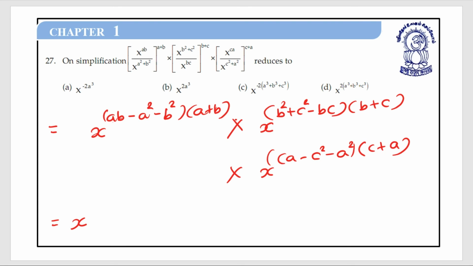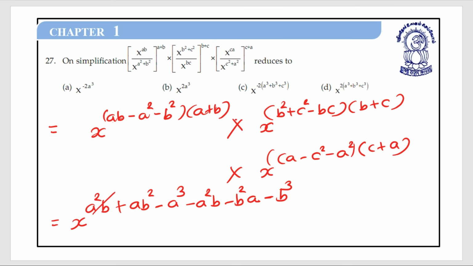So solve it. x raised to ab into (a square b, ab square minus a cube minus a square b minus b square a minus b cube).